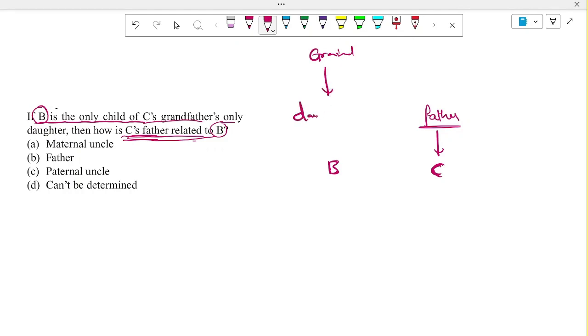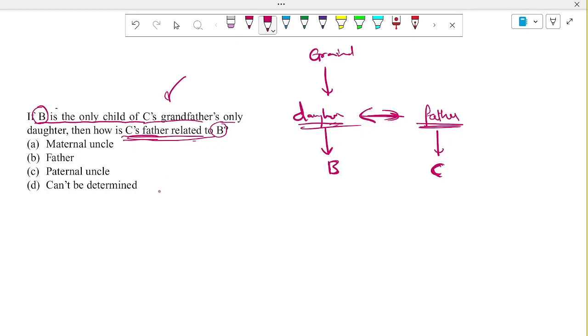And who is this B? B is the child of this daughter. And then actually this daughter and this father, they both are brother and sister.